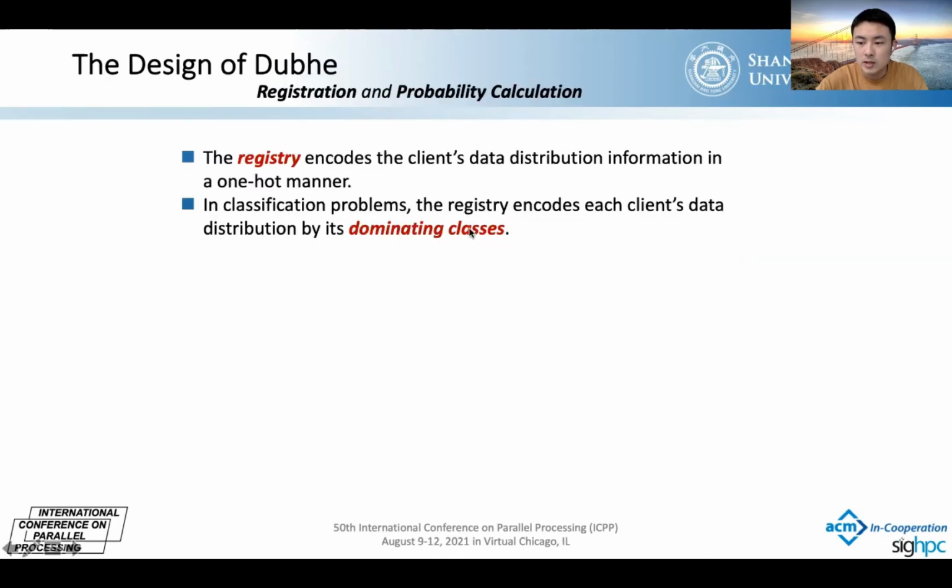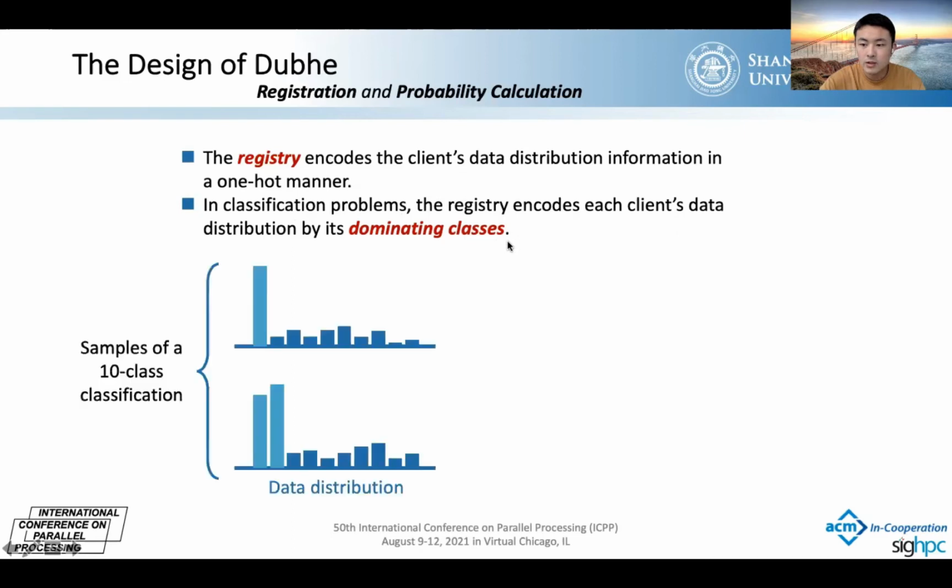We developed the concept of registry, and the registry encodes the client's data distribution information in a one-hot manner. In classification problems, specifically in our work, the registry encodes each client's data distribution by its dominating classes. Here are two samples for a better understanding of the concept of registry.